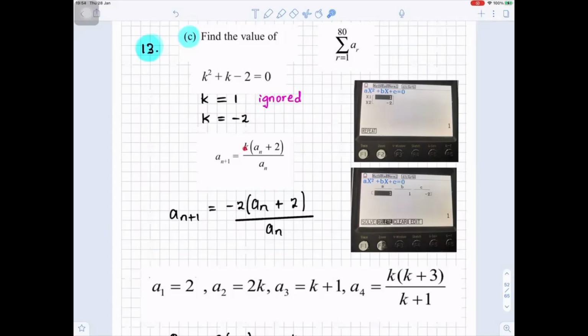So we have the nth term and we replace K with minus 2. So this is what the nth term looks like. So we know first A1, A2, A3, A4. And here we're showing you how to use the calculator to solve that quadratic.